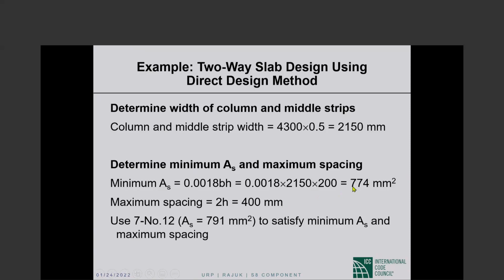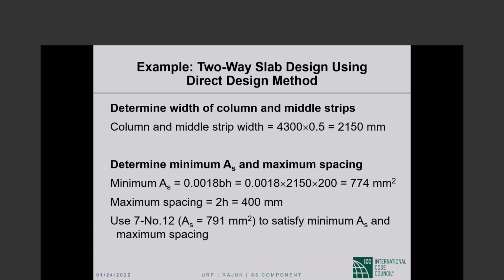So flexural reinforcement cannot be any less than 0.18% of the gross section, which is 774 square millimeters. Maximum spacing cannot exceed twice the thickness of the slab, which is 400 millimeters. So if we use 7 number 12 bars, A sub S would be 791 square millimeters, and that is barely above the 774.